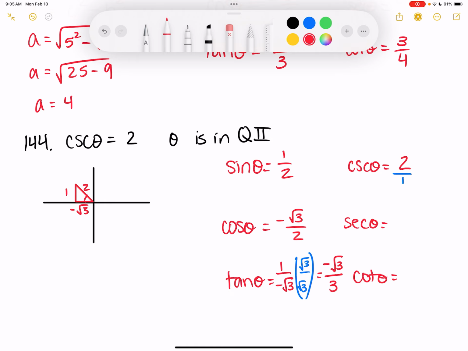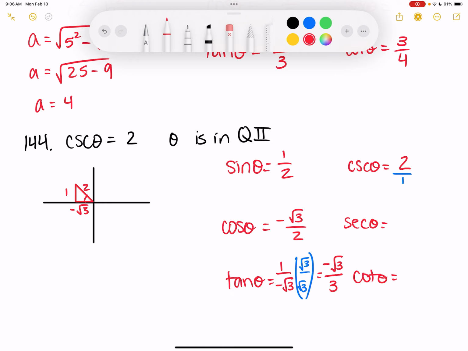Now, as you get more practice, you may be able to go straight to this answer, which is fine. The main reason that I don't is because if I flip my final answer, I'm going to get 3 over negative root 3, and then I've got to rationalize it again.